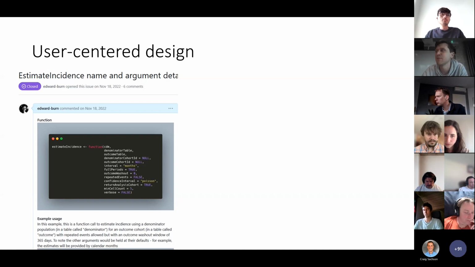Maybe just an example of what this might look like in practice: when we've got our functions that people might use, it's really getting their feedback to the level of the argument names to make sure that they're intuitive for them. So this was one GitHub issue I picked out that was asking about the user interface, whether it made sense to the people that were in the end hopefully going to be using the package.